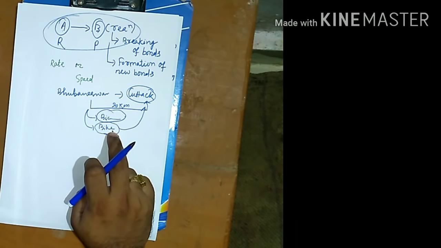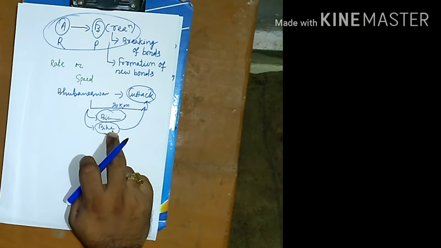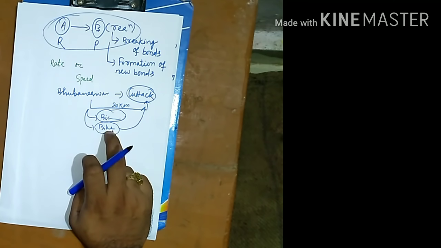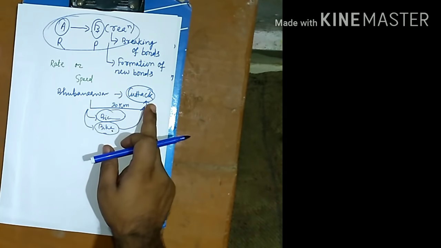What we study in physics, that speed or you can say velocity, that will be distance traveled with respect to time. So here you can say one thing, the person that is going with the bike has a high speed and is taking less time to complete the journey.